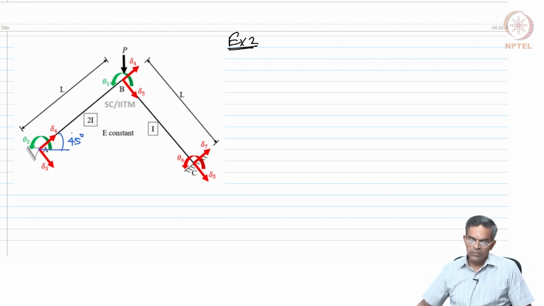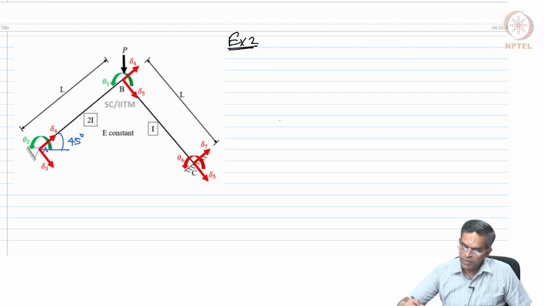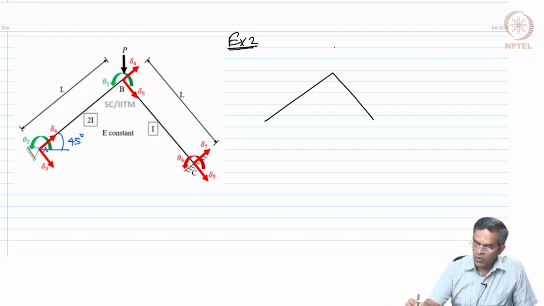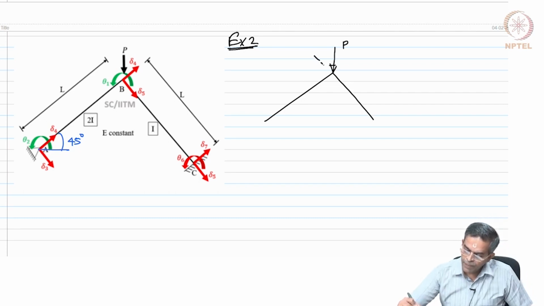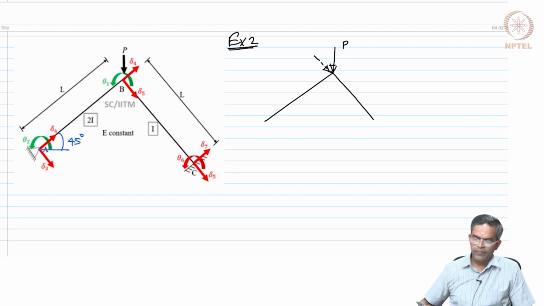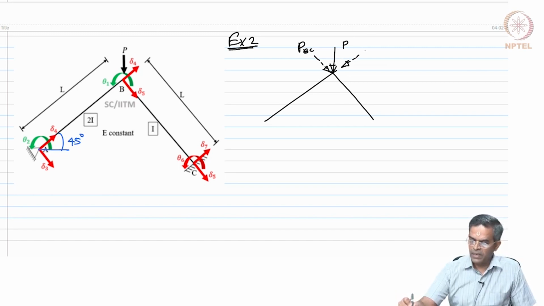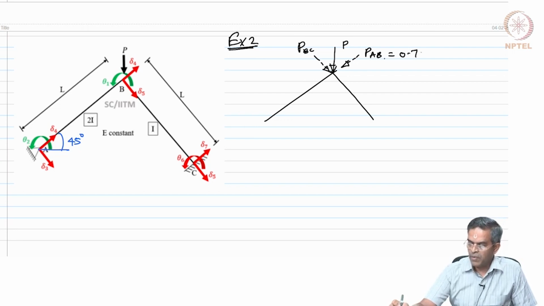Now, I can also find at node B, if I have a load P applied here, the component of this load, which I am going to call as PBC, and the component of this load, which I am going to call as PAB or PBA, as 0.707P.